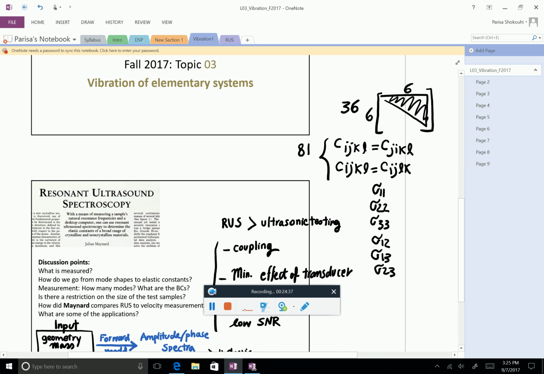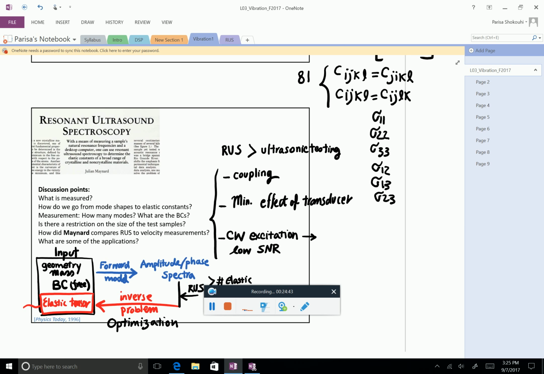All the other ones are symmetric. So when you have 81, that means that's all of them. 1, 1, 1, 2, 1, 3, then again 2, 1, 2, 2, 2, 3. So it would be 3 times 3, which is 9. 9 times 9 is 81. So that's when there is no symmetry, no nothing. But we know that this is not the case.